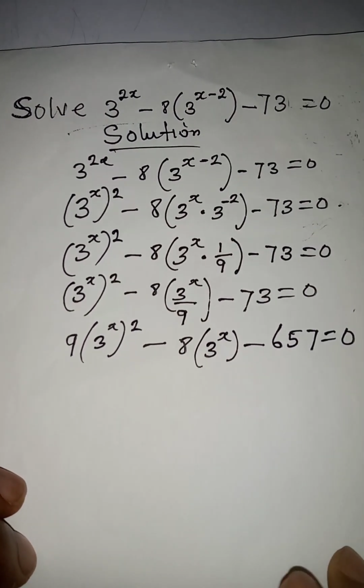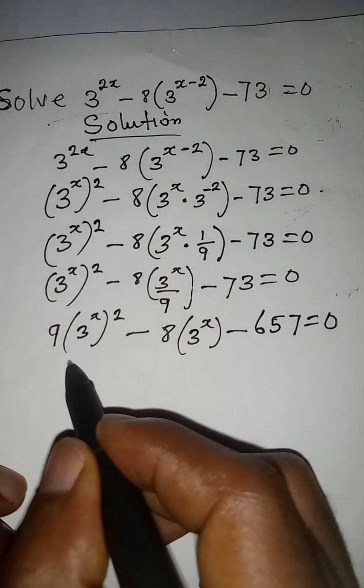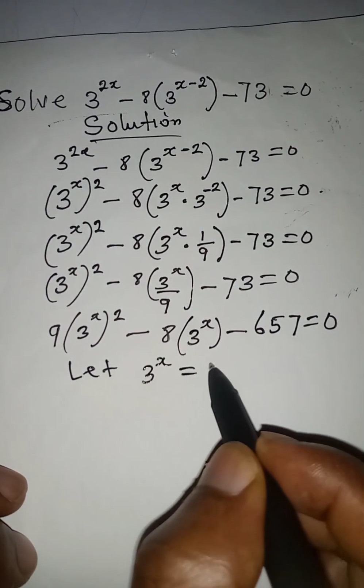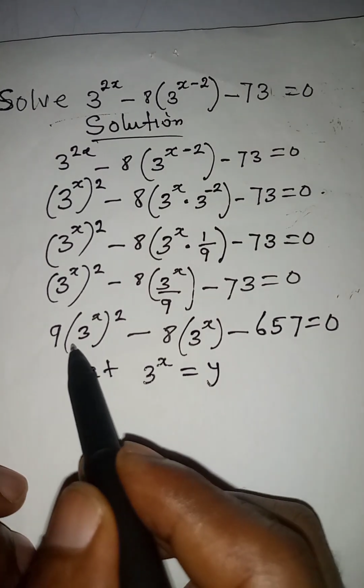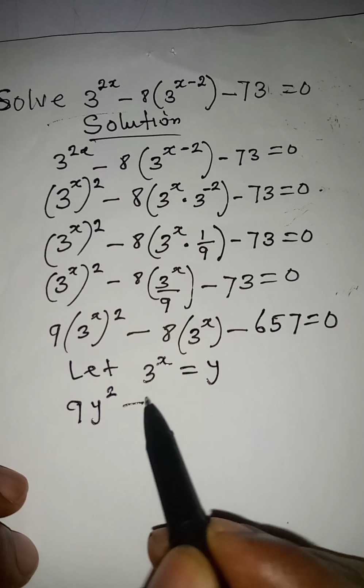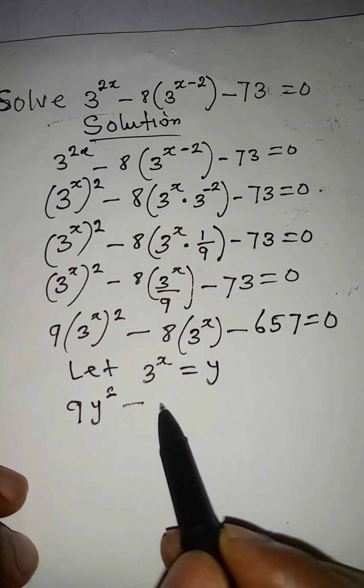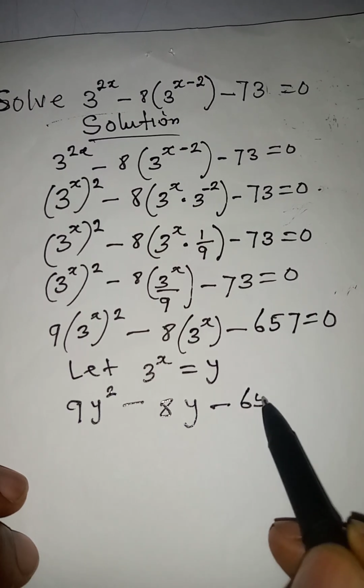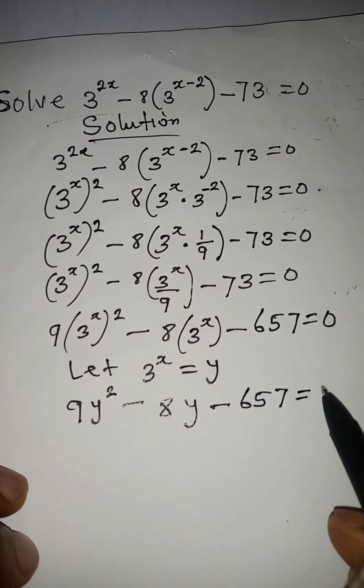From here, I now have a quadratic equation. Let 3 to the power of x be equal to y. So meaning that here, I will have 9y squared minus 8y, then minus 657 equal to 0.